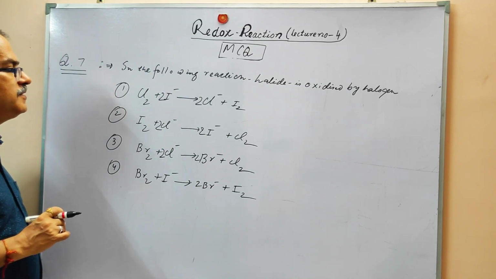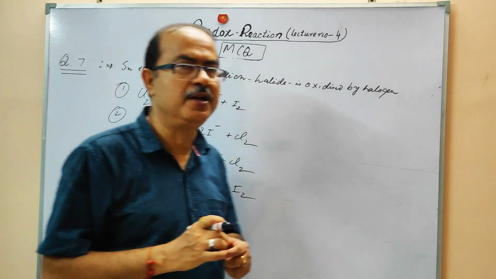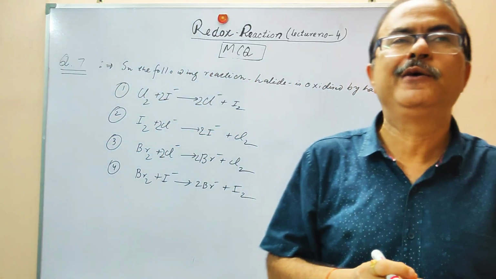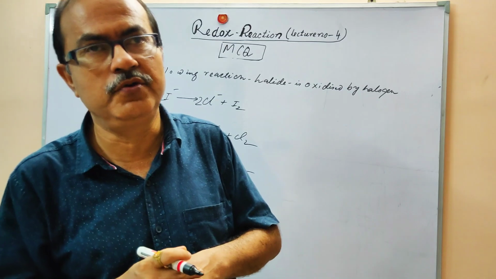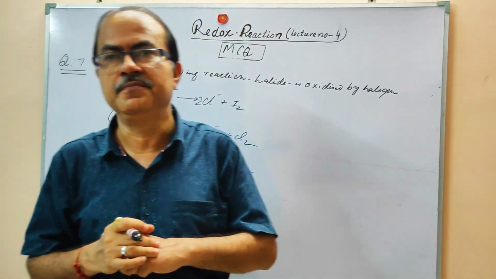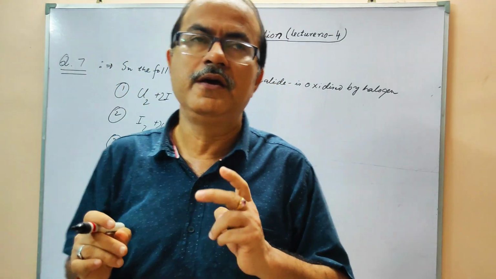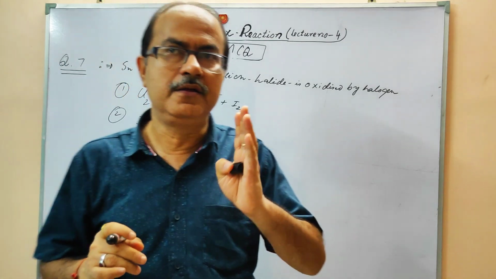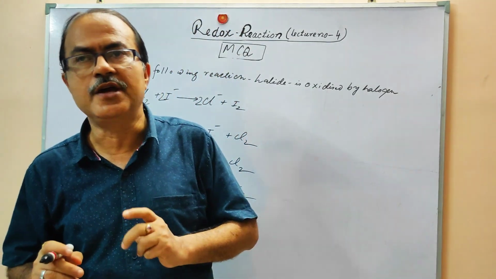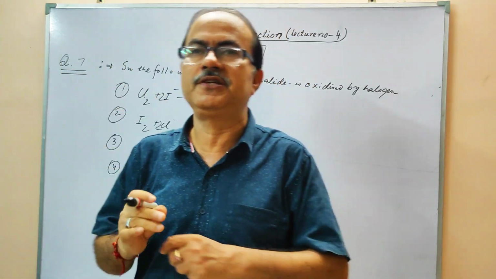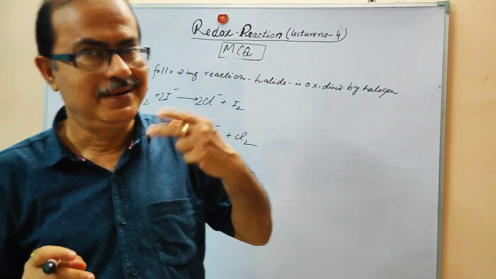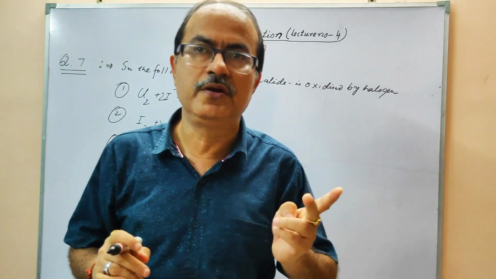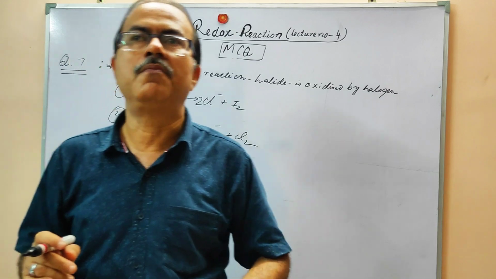Or we have to see the potential, which we will discuss in the next lecture, where we will understand the displacement reaction. In the displacement reaction, it is observed that the halogen which has the higher oxidizing capacity than the other halogen will displace that halogen from its compound.